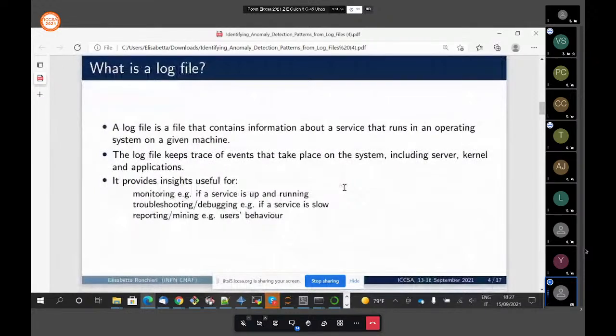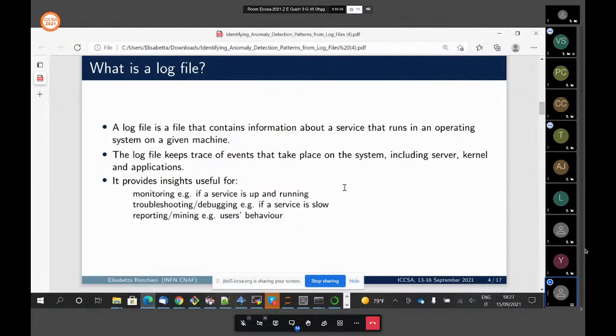So a log file contains insights on the service activity, of a service that runs in an operating system on a given machine. In our case, the operating system is Linux-based, and the file reports the internal state of the service.